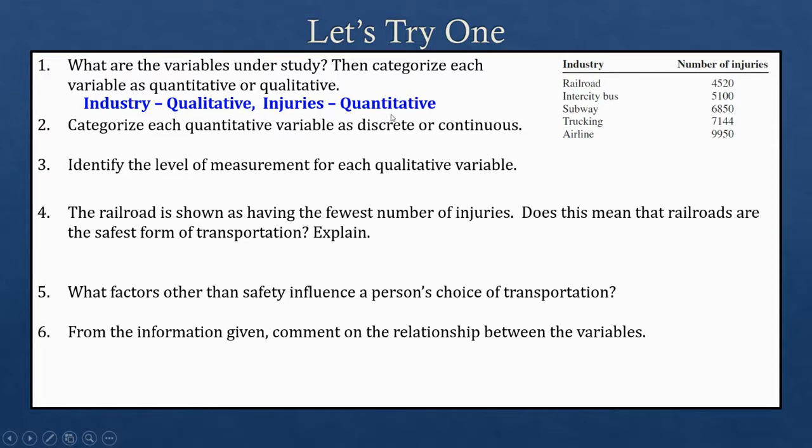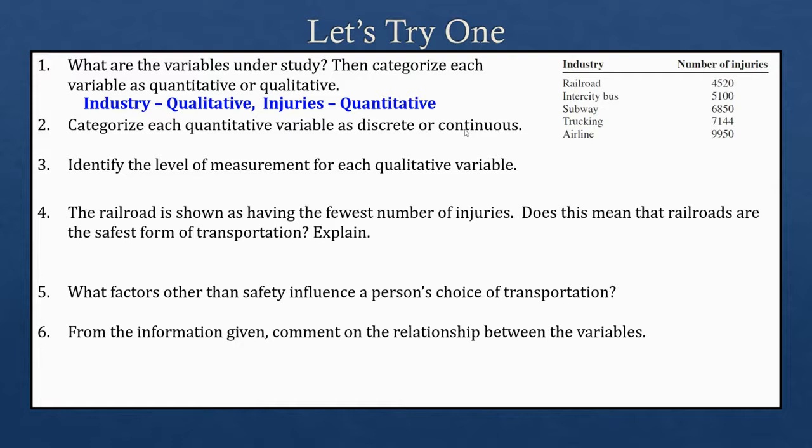Now for the quantitative one, just for injuries, we want to categorize it as being discrete or continuous. Remember these two choices: the main qualifying factor is, is it something that has to be counted because it's whole number occurrences, or is it something that could be measured and possibly produce decimal values?